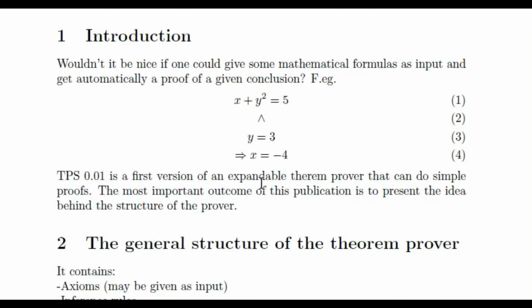Here you see a possible input for this kind of theorem prover. It has axioms, axiom 1 and axiom 2, and the conclusion. All this has to be given as input to the theorem prover, and the theorem prover gives an answer that is it proven or not.